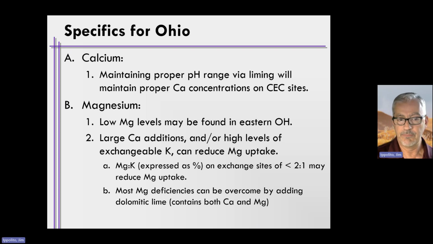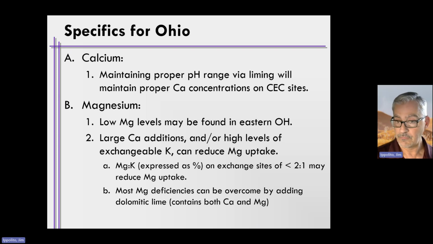Magnesium, it says, point letter A under number 2, magnesium to potassium concentrations expressed as a percent on the exchange sites, if it's less than 2 to 1, this may reduce magnesium uptake. And so another way of thinking of this point is that when the amount of potassium increases on exchange sites, the ratio will be less than 2 to 1, right? It actually will be 2 to 2 or 2 to 3 or 2 to 4, but you get the idea.